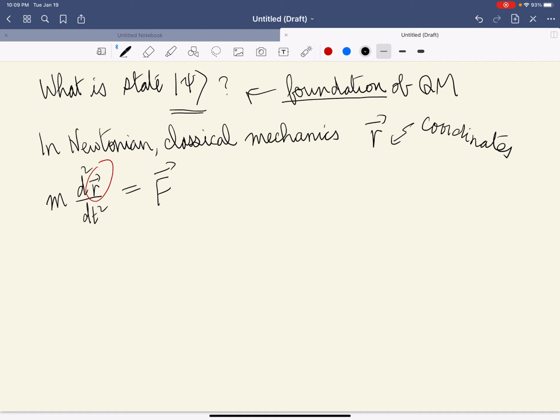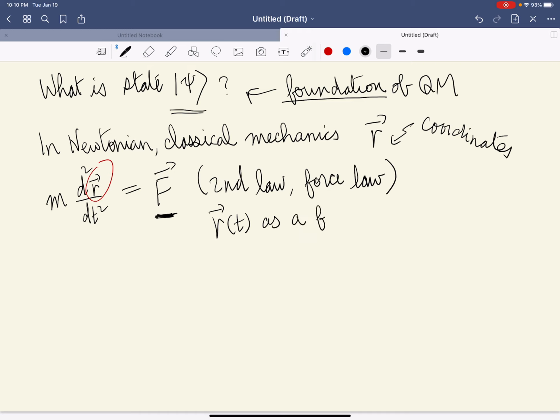And the rule that governs the evolution of these coordinates is nothing other than the second law of Newtonian mechanics, also called the force law, which tells us under a given influence of a force how the coordinates will evolve over time.